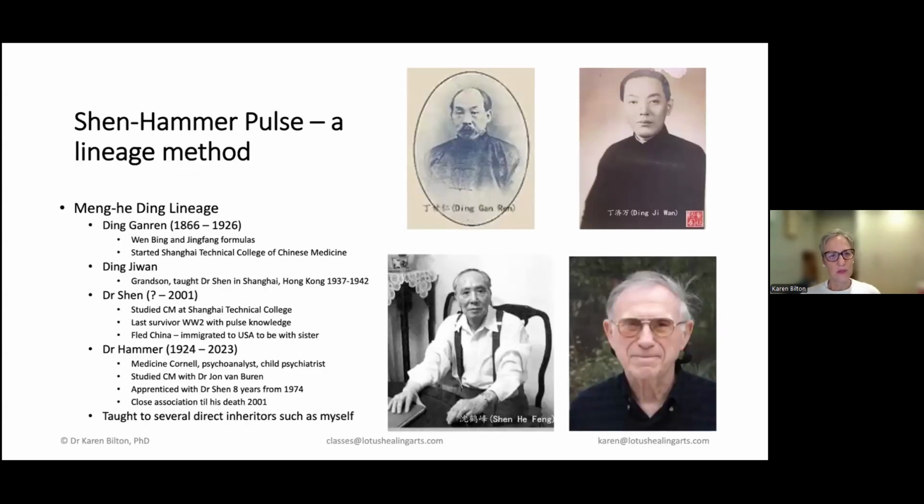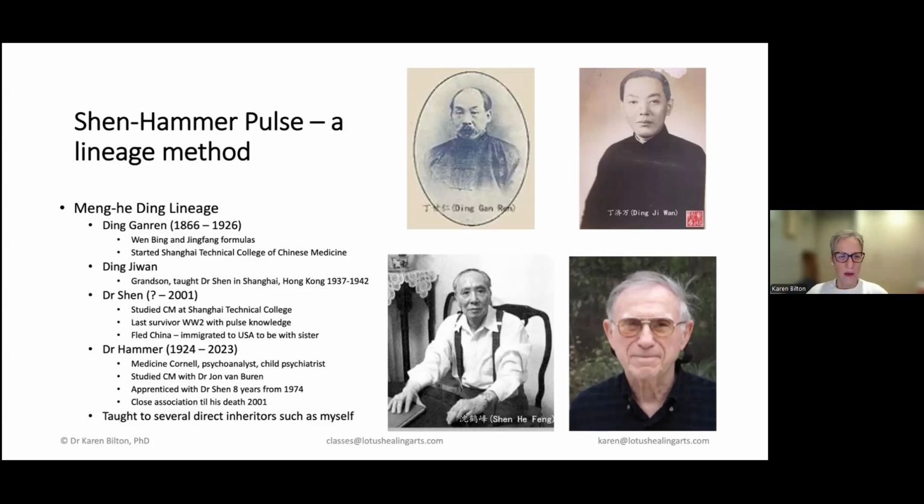All right, so the Shen-Hammer pulse method is a lineage method, and it's from the Menghe Ding lineage. The Ding lineage comes from the Jiangsu province in China, around the Shanghai area.